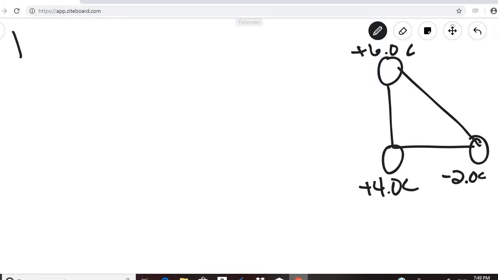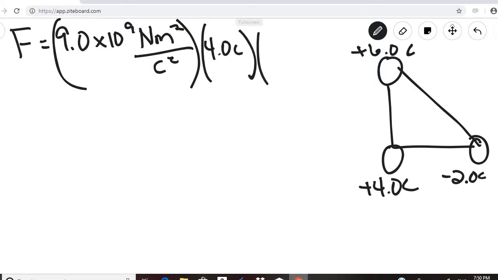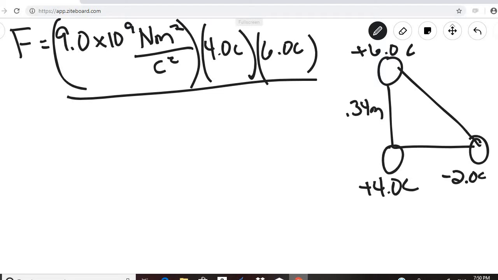Okay, so F will be equal to 9.0 times 10 to the 9th newton meters squared over coulomb squared times 4.0 coulombs and times 6.0 coulombs. And I didn't write it in here, but the distance between those is 0.34 meters. So we're going to square that.